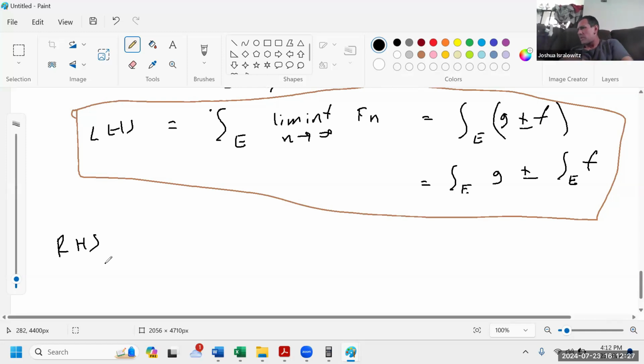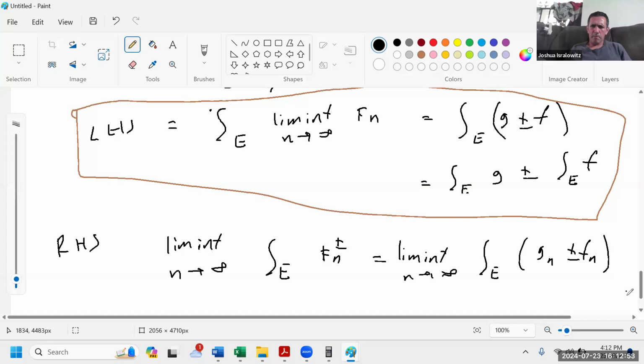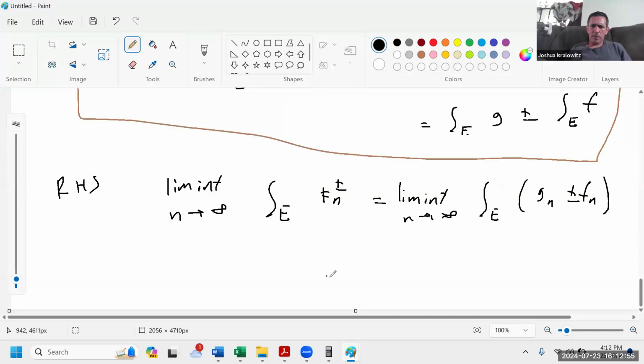But anyway, okay, so this one is a little quicker. So this equals gn plus or minus fn.